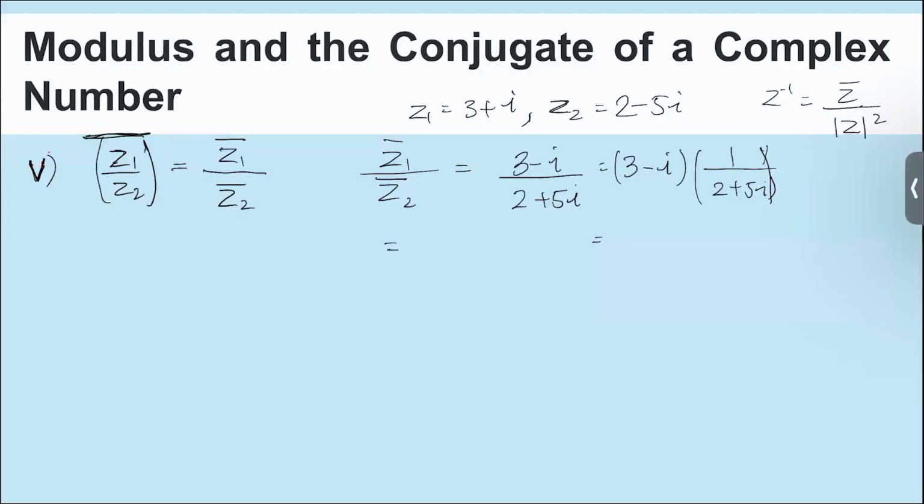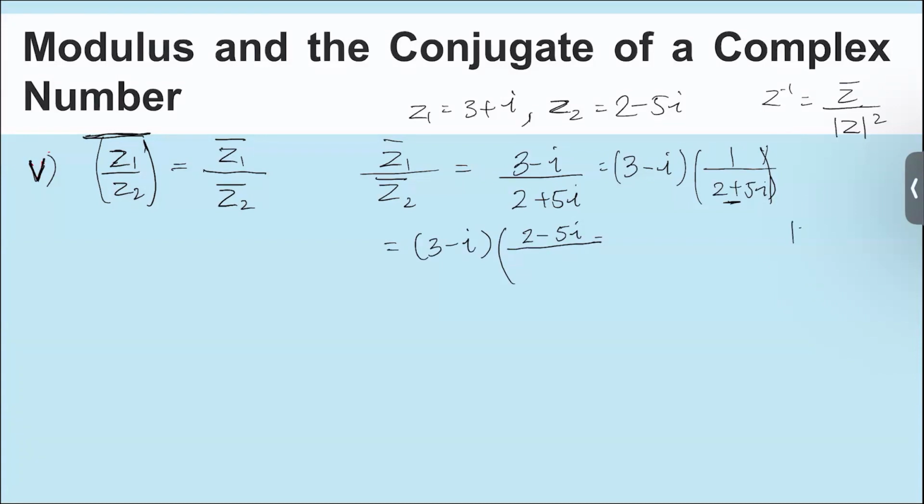So, sorry, here, 3 minus i upon, okay, the conjugate of this complex number, now this actually reverts back to your original complex number. So again, you write 2 minus 5i upon the square of the modulus.